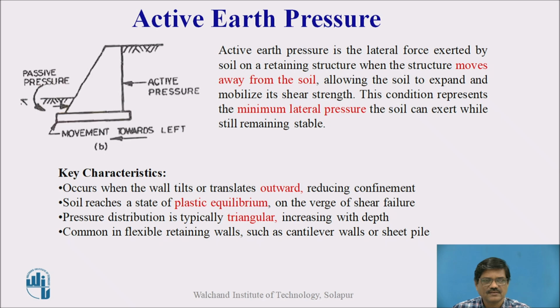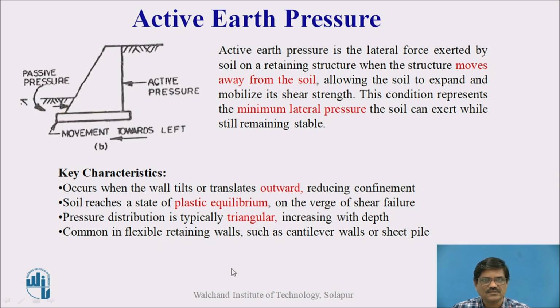Because of the lateral movement of the retaining wall, the soil mass also will experience lateral deformation and it will attain the plastic equilibrium. The pressure distribution is typically triangular, increasing with the depth, and this kind of earth pressure is common in flexible retaining walls such as cantilever wall or sheet pile.